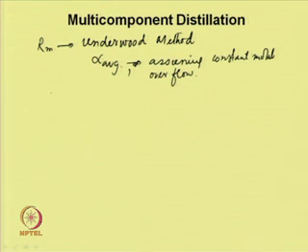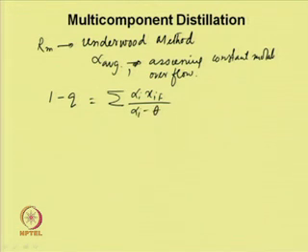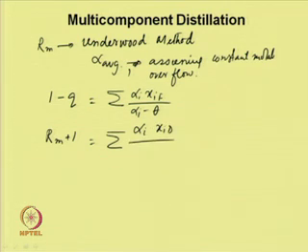these are the following equations: 1 minus q is equal to summation over alpha_i x_if divided by alpha_i minus theta, and then R_m plus 1 would be equal to summation over alpha_i x_id divided by alpha_i minus theta.